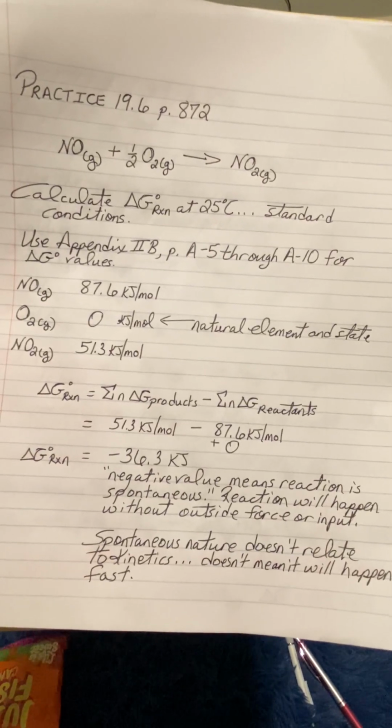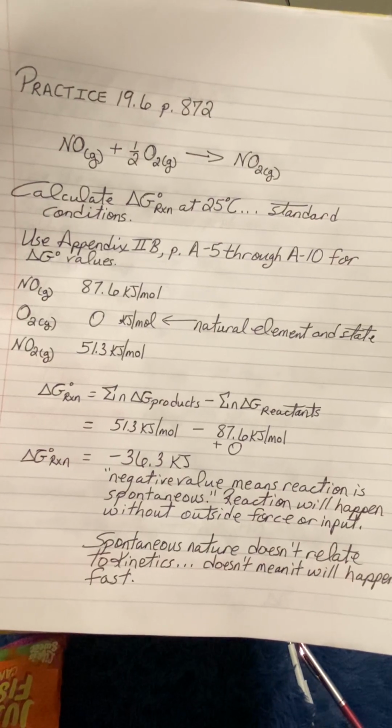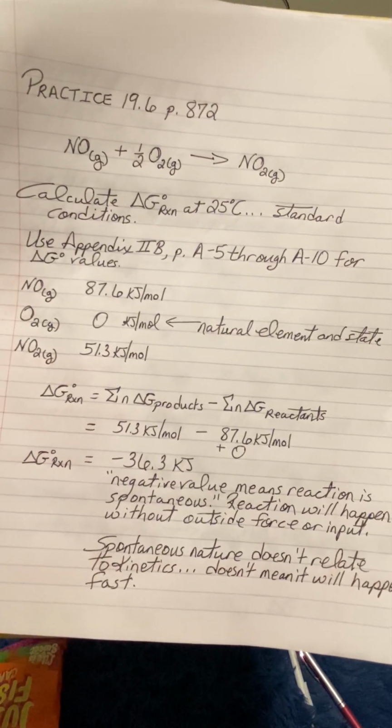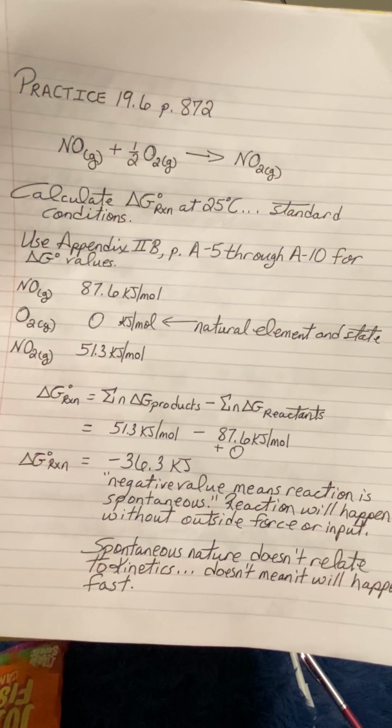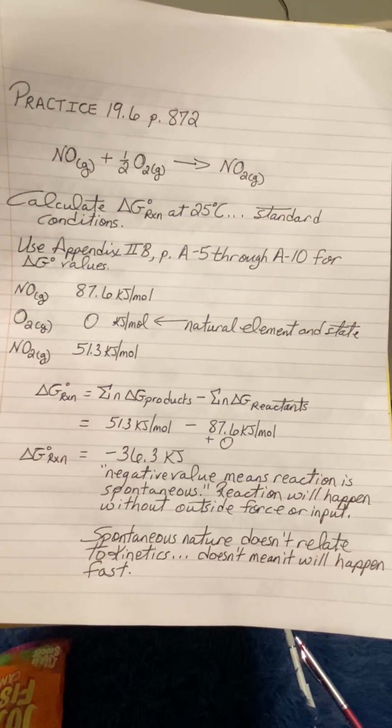All right, so the standard reaction Gibbs free energy is equal to the sum of the products' Gibbs energy minus the sum of the reactants' Gibbs free energy.